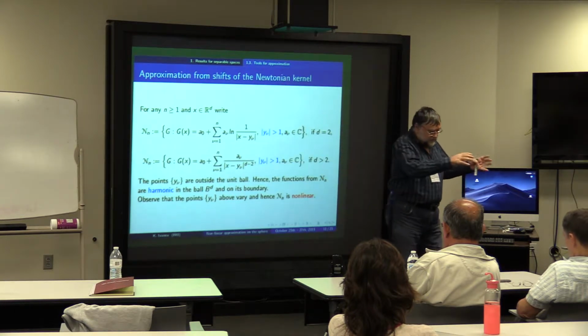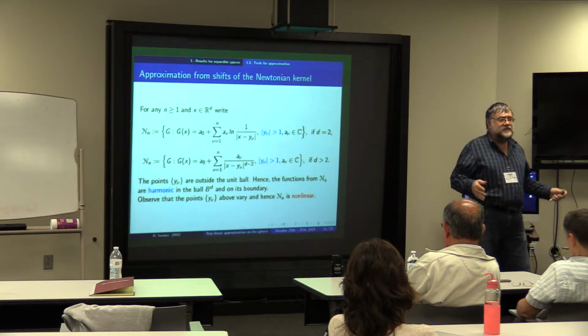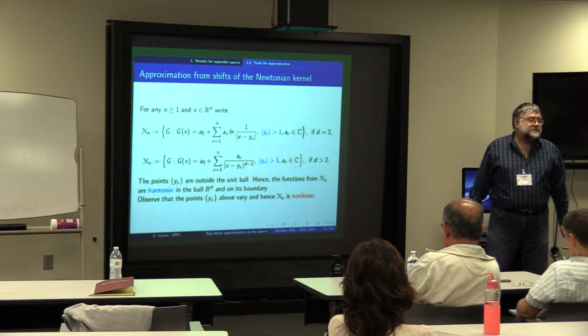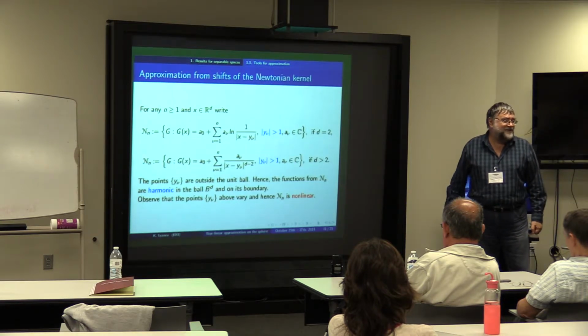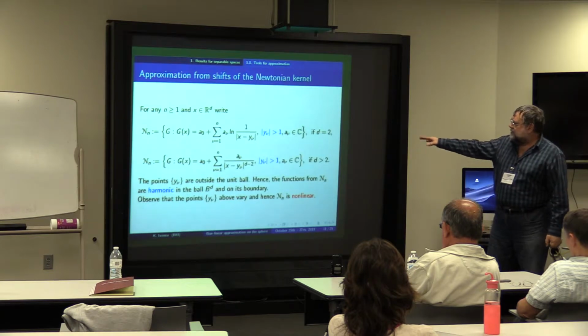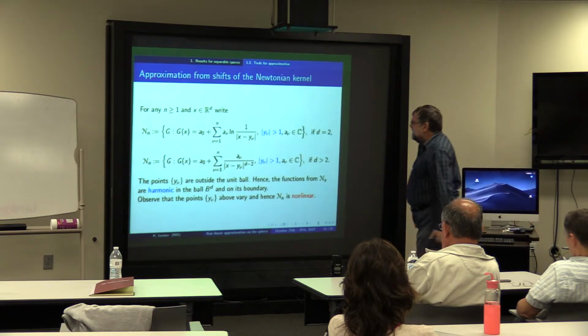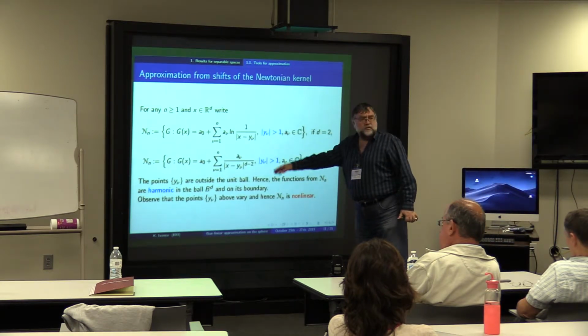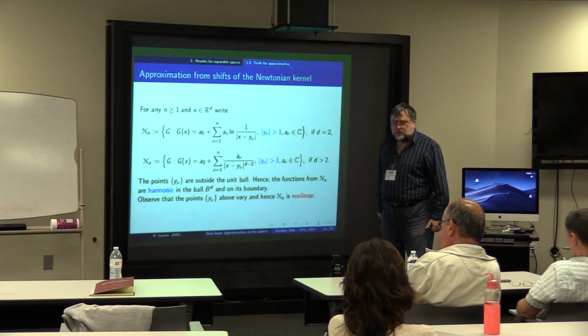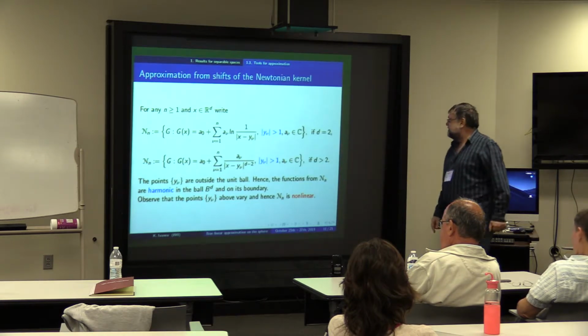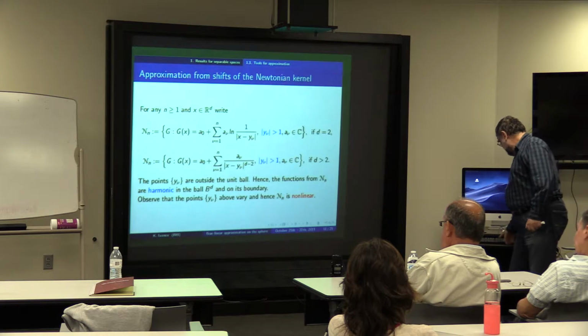They say, let me put the points here, here, here, and after that we try to approximate, which more or less makes the problem linear. In this problem, the poles are free to go everywhere outside of the unit ball. Okay, this is not compact, but it doesn't matter, we'll survive.